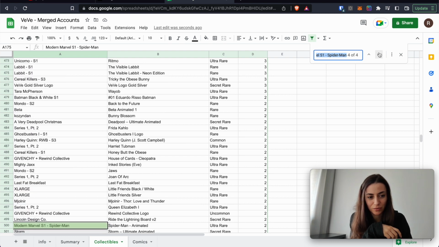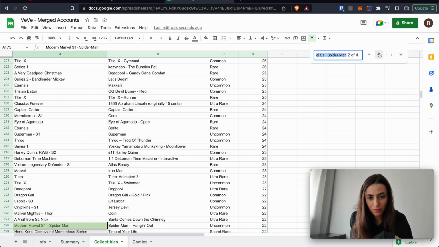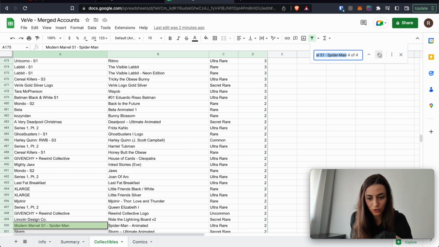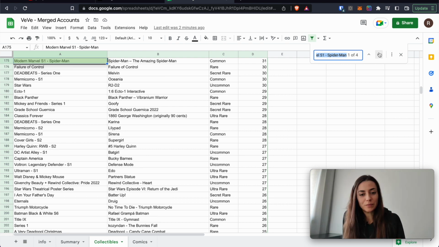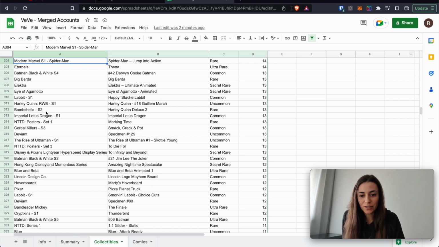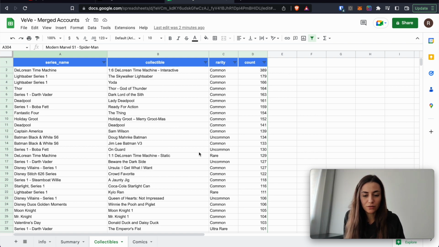So I think from the first Spider-Man set that dropped, there were only 31 commons, 22 uncommons, 14 rare, and 2 ultra rare, but none of the secret rares. Basically, as you can see, you can go through that list and look at whatever you're interested in.